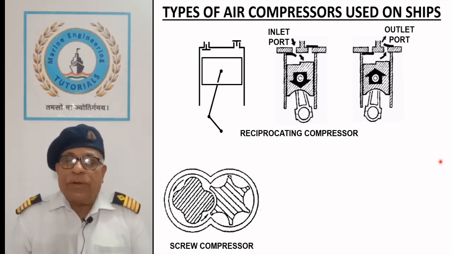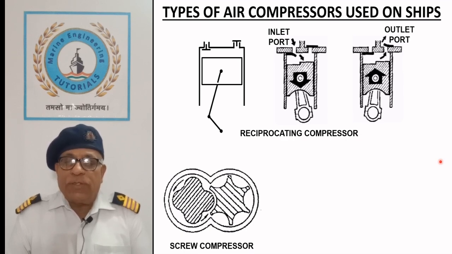Single stage compressors are sometimes used as service air for low pressure up to 7 bar, and they may have V configuration. Mostly two-stage air compressors are used for medium pressure application up to 30 bar.